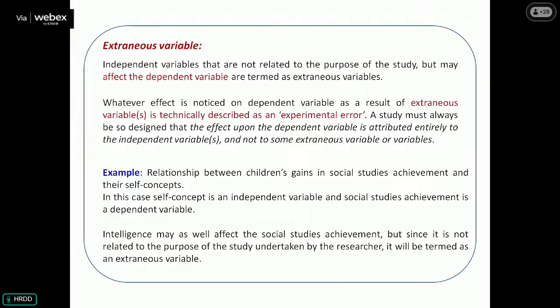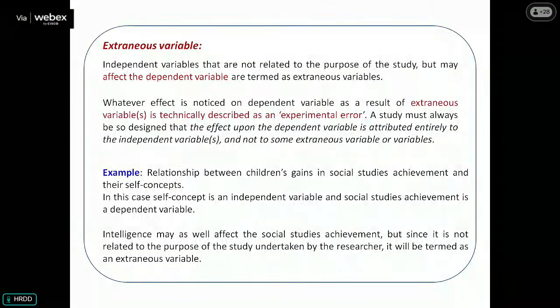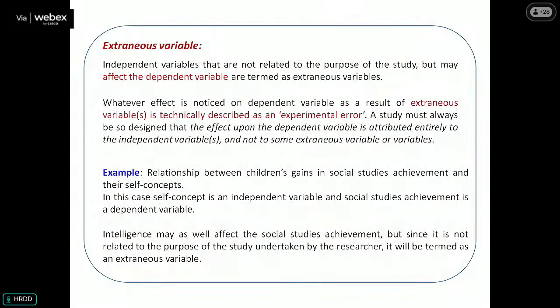So we have to select a group of students of the same intelligence level to arrive at a logical conclusion that self-concept is related to the performance outcome. But if we have a sample of different intelligence levels, then there comes an extraneous variable, that is intelligence level. It will affect and you will come to erroneous results.